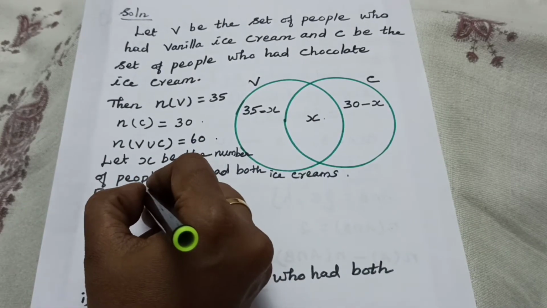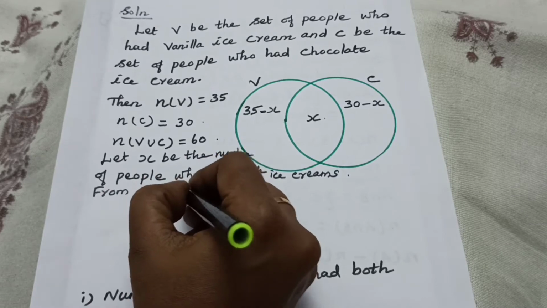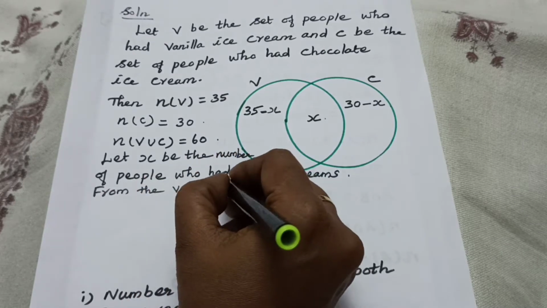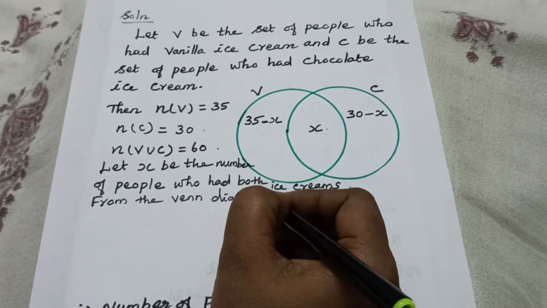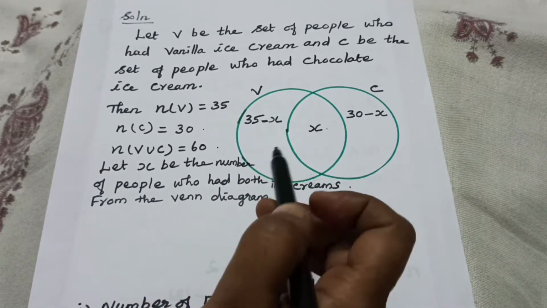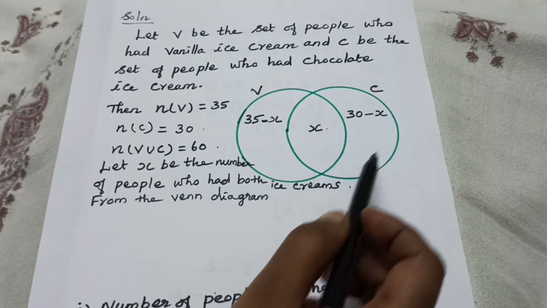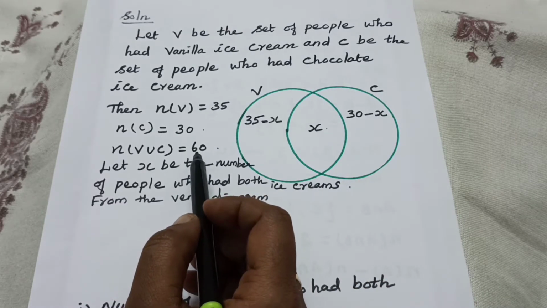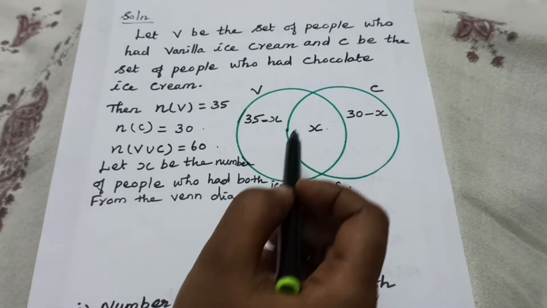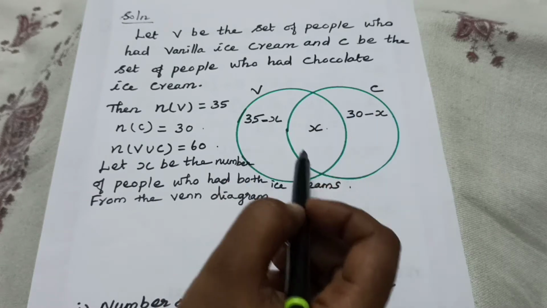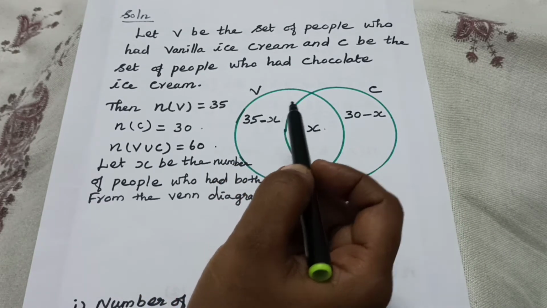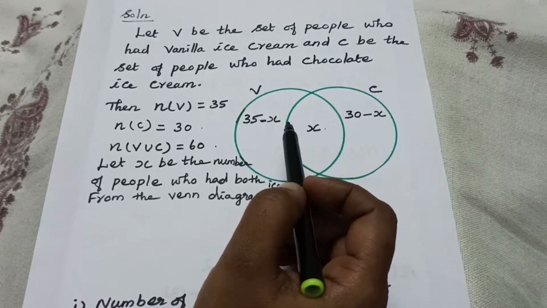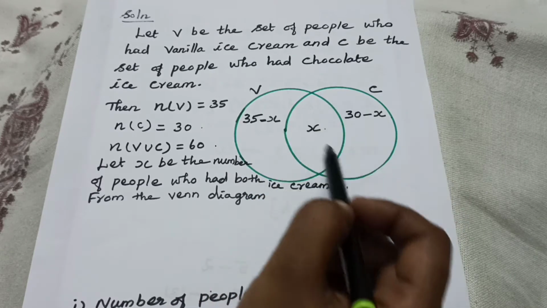From the Venn diagram, we can find here together, what is given? 60, isn't it? 35 this vanilla, then at least one ice cream. All the people had at least one ice cream.